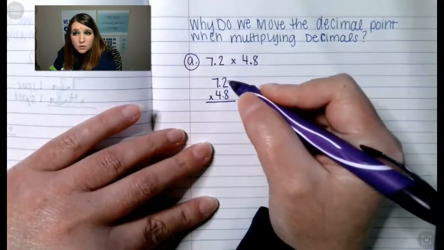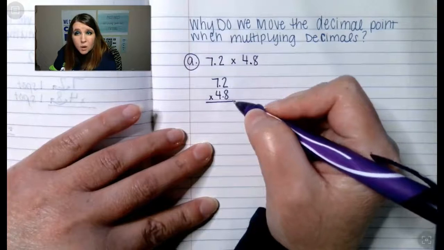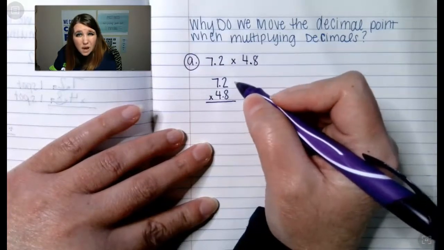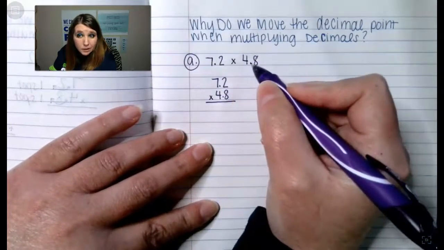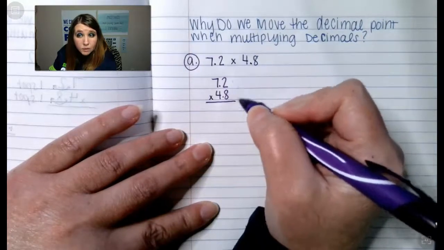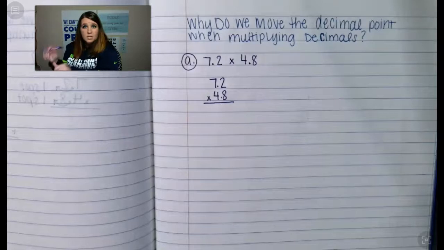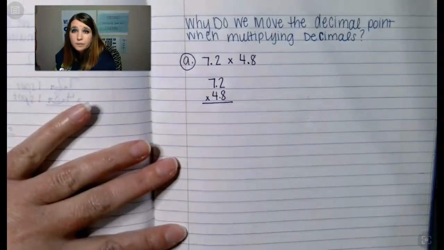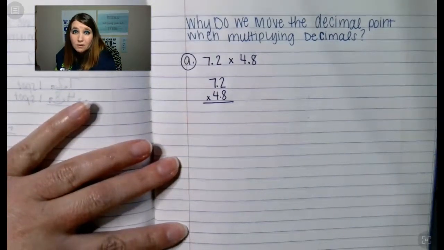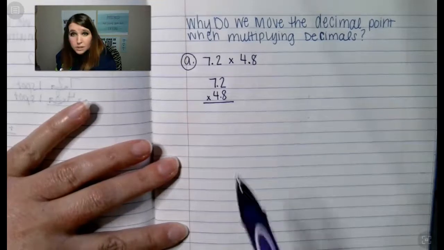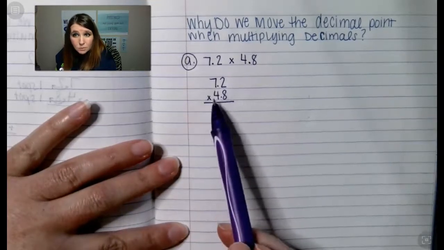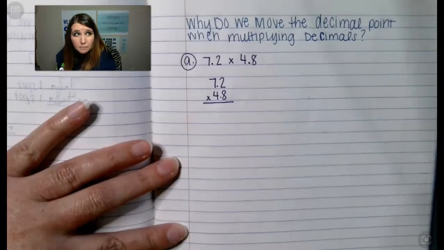We always say put the longer number on top, but there isn't a longer number here. You can move these around because the commutative property says we can move multiplication around, and we can if we want, but we don't really need to. 7 is bigger than 4, so that one can go on top.